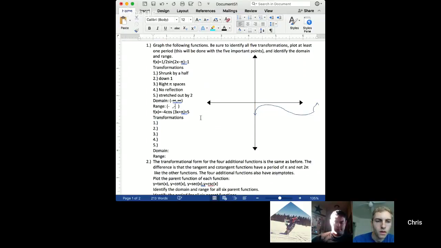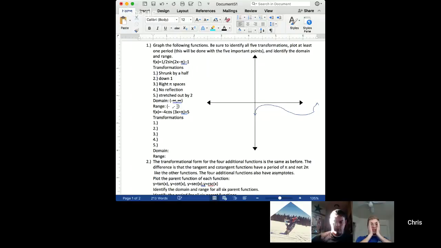Actually, it says it's half. So, yes, it's halved. I guess the wavelength is only going to be half of what it normally is, yeah. Pi, because sine and cosine have an entire completed wavelength of pi, and so it's half, and it's going to be half pi.